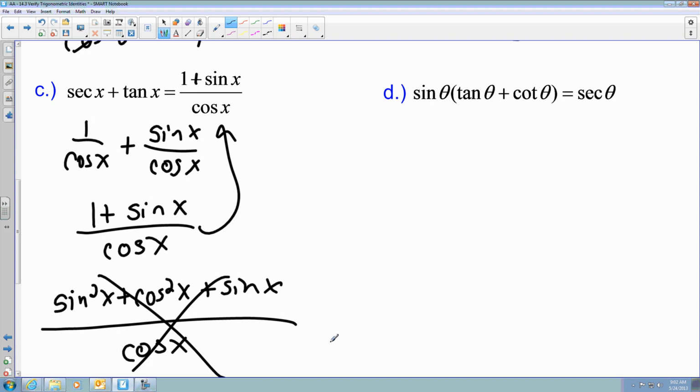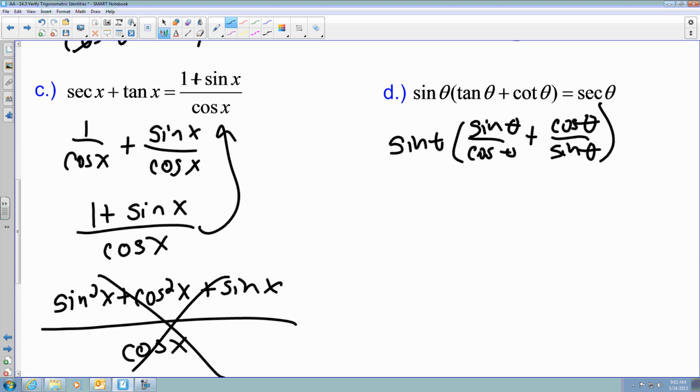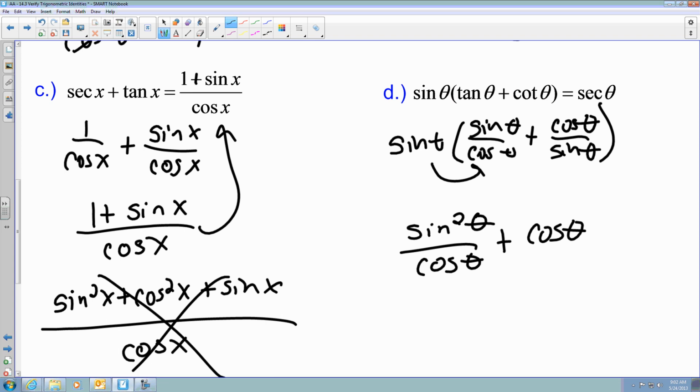I want to get sine theta multiplied by tan theta plus cotangent theta to be secant theta. So what I'm going to do first is get everything in sine and cosine on the left-hand side. So I've got sine theta multiplied by sine over cosine theta plus cosine theta over sine theta. So when I distribute, this one becomes sine squared theta over cosine theta plus, the sines cancel, so I'm just left with cosine theta on top.